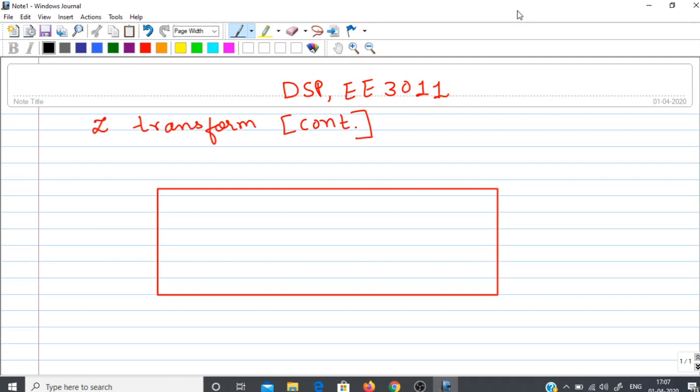So just to revise, in the previous class on Z transform we saw that the Z transform of a sequence x[n] is denoted by X(z) and it is defined as summation over n, where n is running from minus infinity to plus infinity, of x[n] z to the power minus n, and this z is a complex variable.